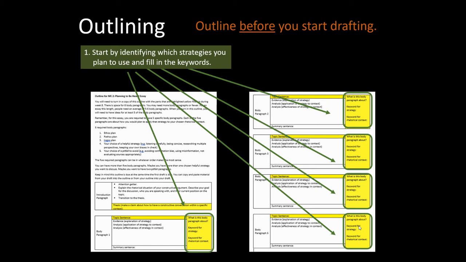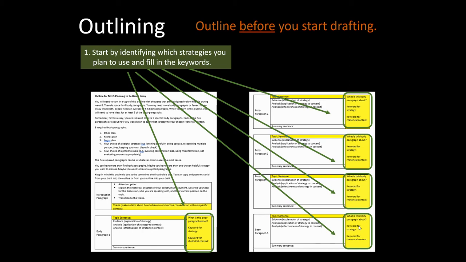Remember, everything that's highlighted you have to fill in for the outline assignment. So the right-hand column of boxes is explaining what the body paragraph is about. It's identifying which keywords you need for the body paragraph. And in Major Essay 2, one of the keywords for each body paragraph is the strategy that you were discussing in that body paragraph.